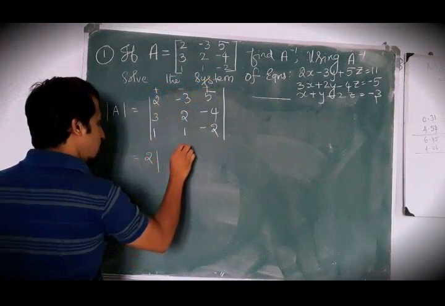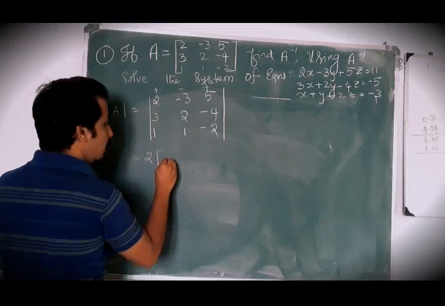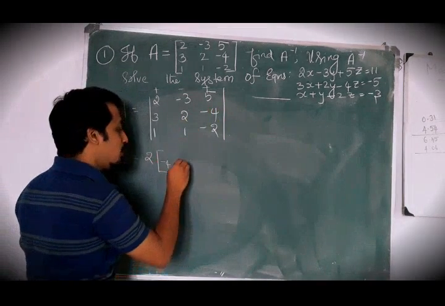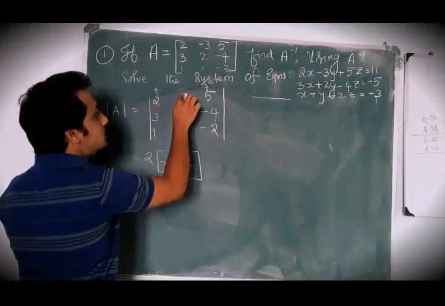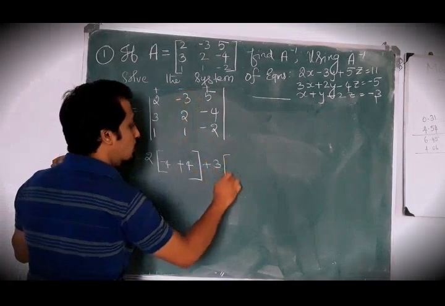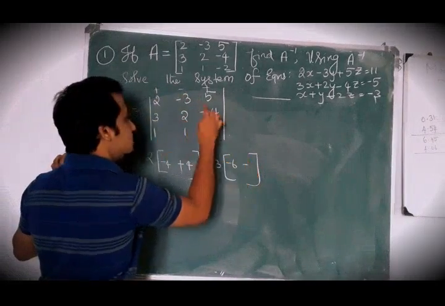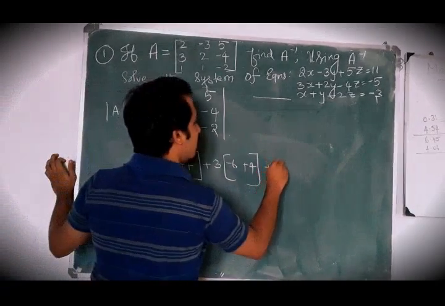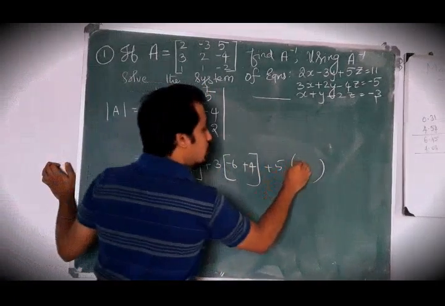So 2 into (2 into minus 2 minus minus 1 into minus 4, which is minus 4; minus into minus will become plus, so minus 4 plus 4). Minus into minus is plus 3 into (3 into minus 2 minus 1 into minus 4, which will become plus). Now next, plus 5 into (1 into 3 minus 2).